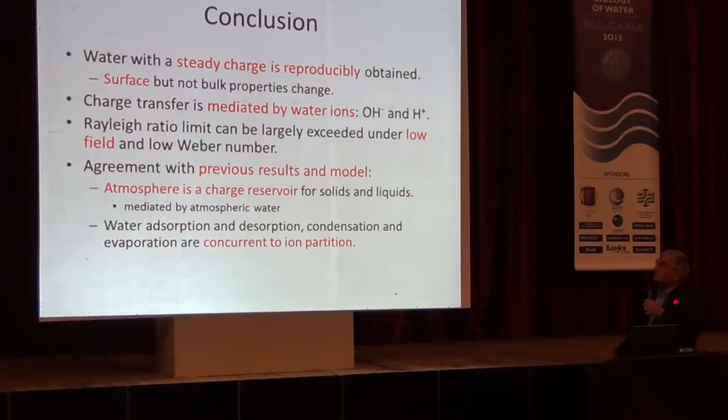So as a conclusion, water with a steady charge is reproducibly obtained. It's a surface effect, and at least in these experiments we don't have any evidence for bulk properties changing. Charge transfer is mediated by water ions, OH minus and H plus.